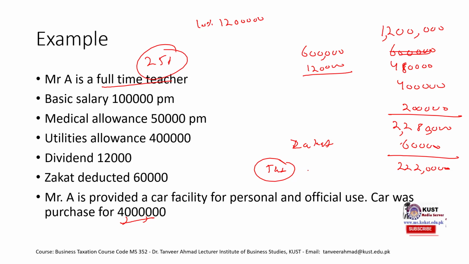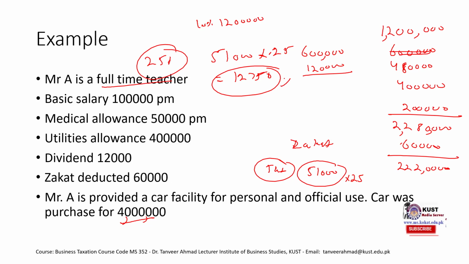So let's just say the tax amount turns out to be 51,000. You would have to give a relaxation of 25% in this tax amount. So let's just say 25% of this 51,000, remember this 51,000 is the tax amount, is 12,750.